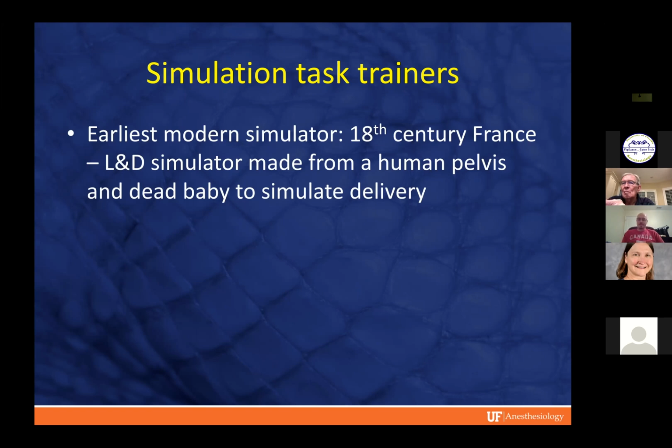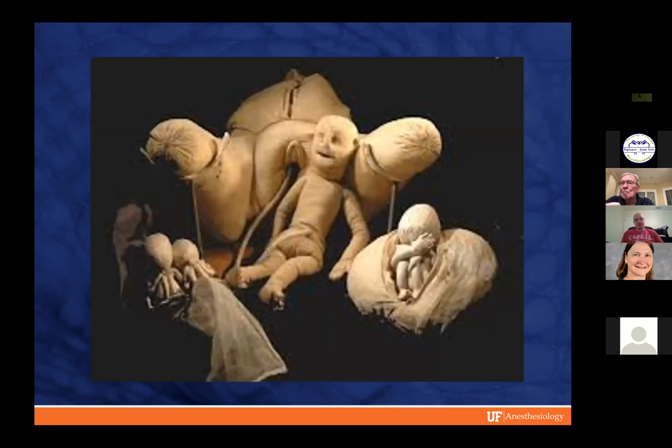In an attempt to train people to better manage this situation and hopefully decrease that mortality, this simulator was built from a human pelvis and a dead baby to allow simulation of birth.